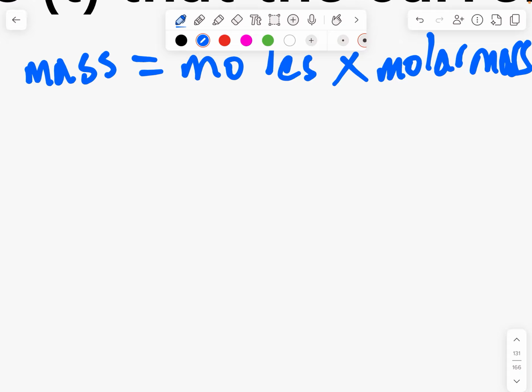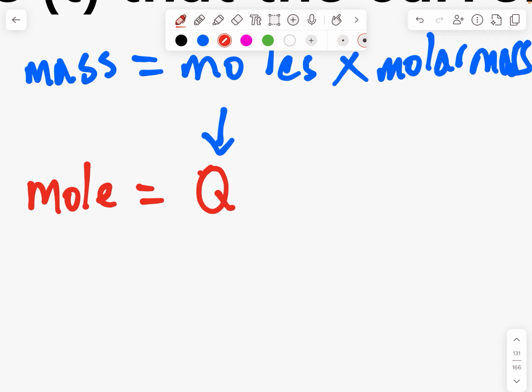But oftentimes in the question, we don't know what the moles is, because the molar mass is given, if it's copper, you get 64 grams per mole. But for moles, there's a particular way that we calculate moles in electrolysis. So in electrolysis, mole is equal to Q times A. I might see it being written a little differently, right?